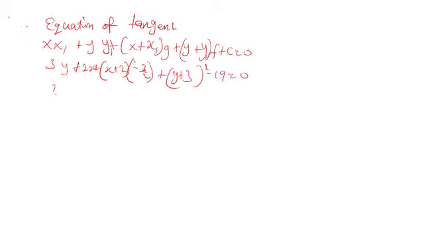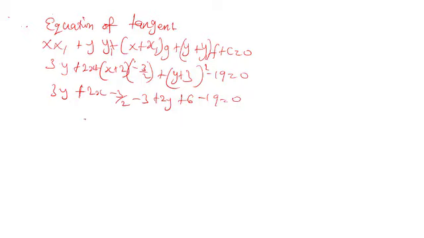So we now have 3y plus 2x minus 3 over 2, minus 3 over 2 minus 3 plus 2y plus 6 minus 19 equals 0. So you collect like terms.